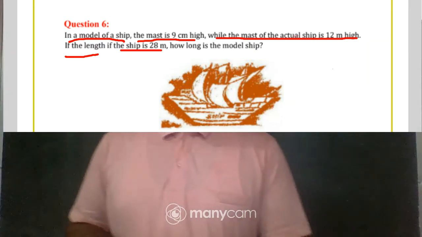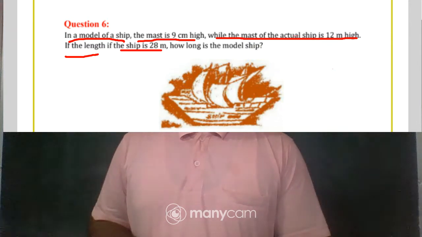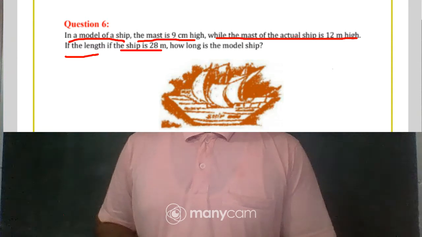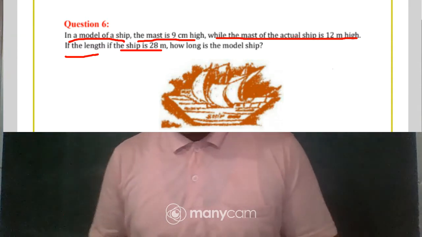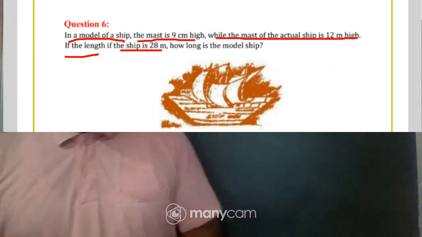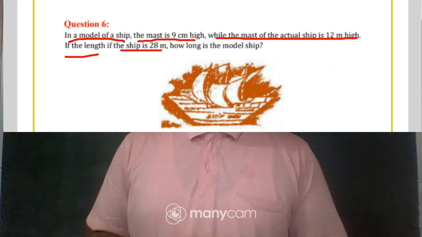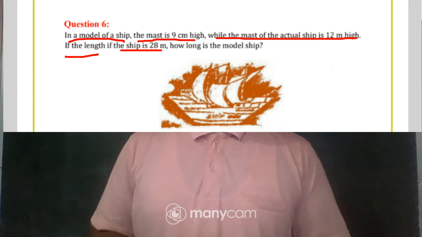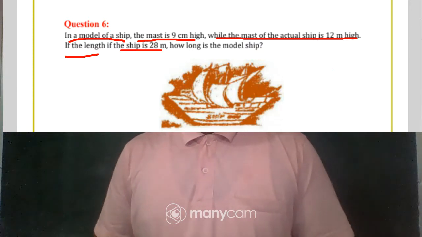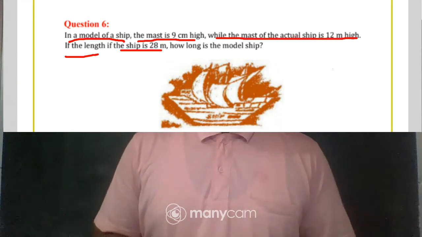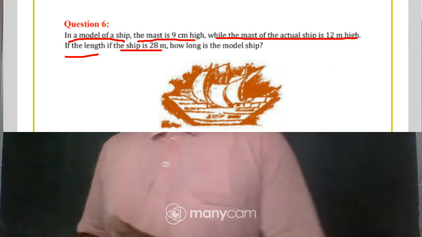So here you can see this is the case of direct variation, a direct proportion. What is direct proportion? How can you recognize whether the given condition is direct proportion or not? If two quantities are in direct proportion, then if one quantity increases, the other quantity also increases.